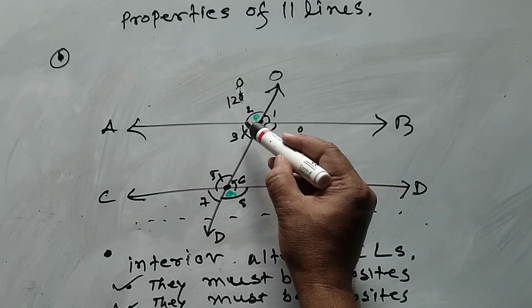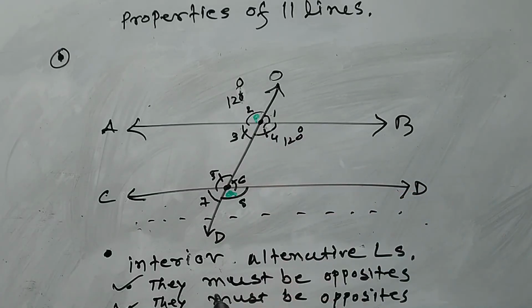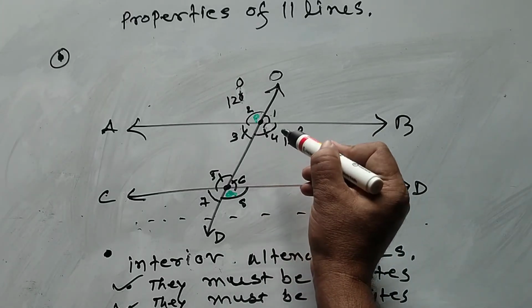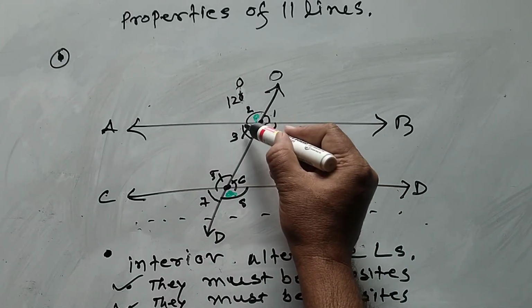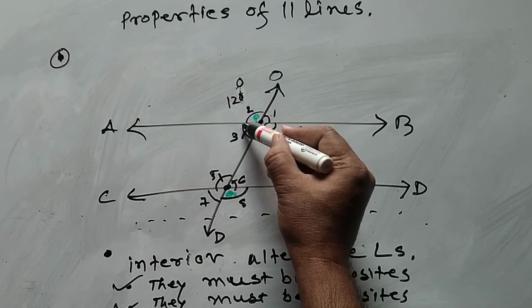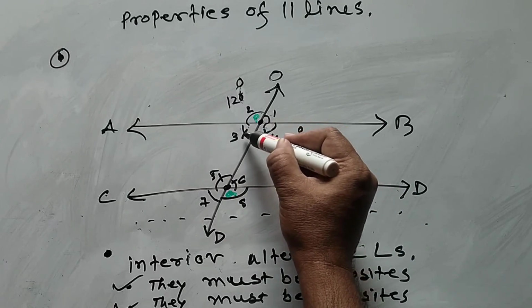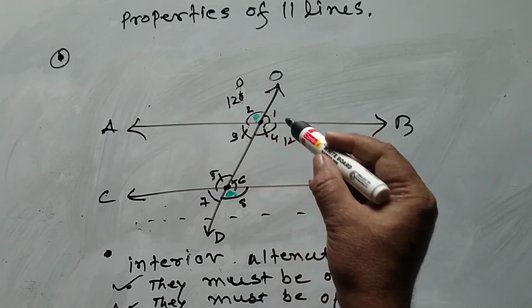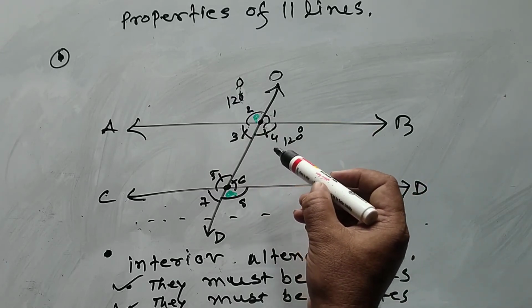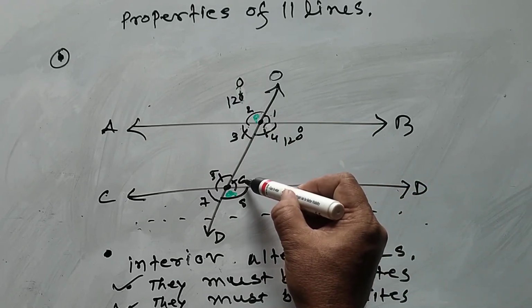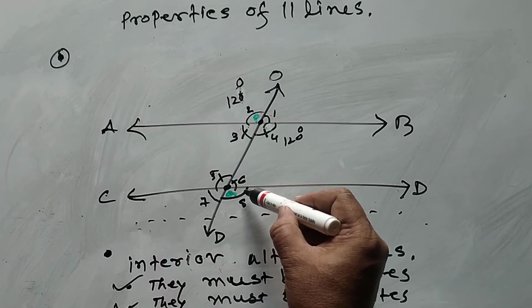So what are alternate angles? They must be opposite. Here 3 is in the upper, and 6 is in the lower.